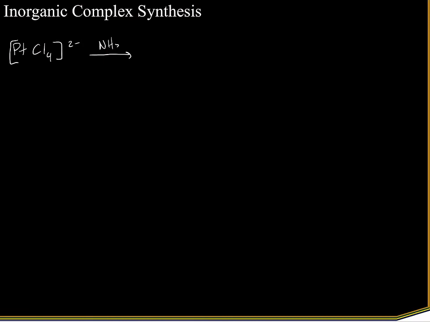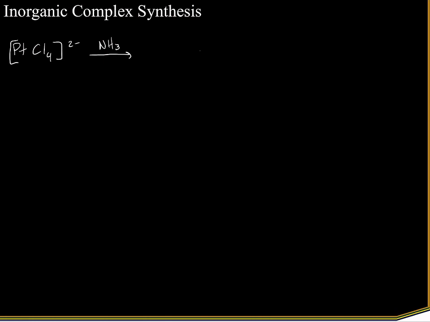Now, the nice thing with this is ammonia does fall lower on our nucleophilicity chart, so we might predict that this reaction might be uphill. This is still a substitutionally labile complex. Chloride is a weak field ligand on our square planar complex, so this is just a matter of equilibrium and Le Chatelier. If we increase the amount of ammonia, eventually we'll start to see some kind of a reaction.